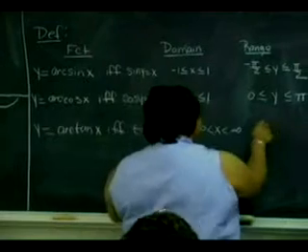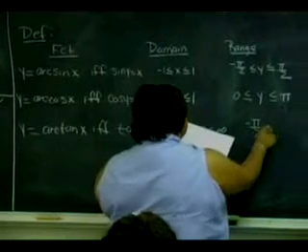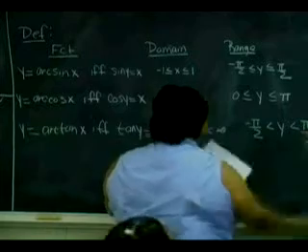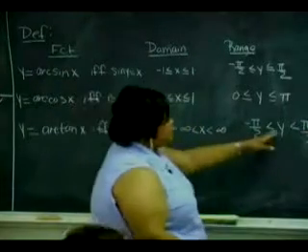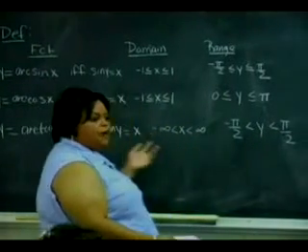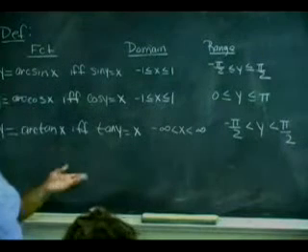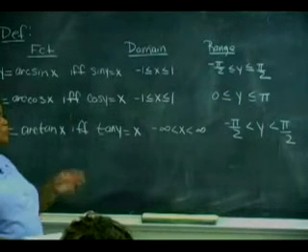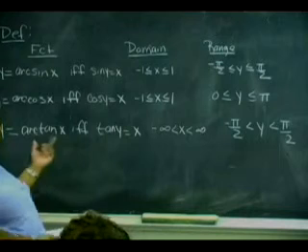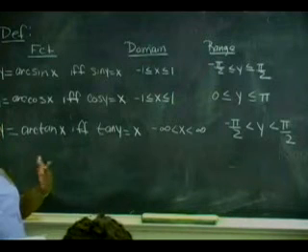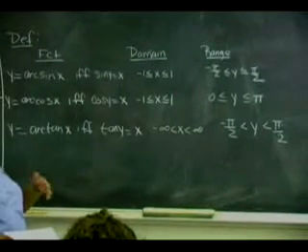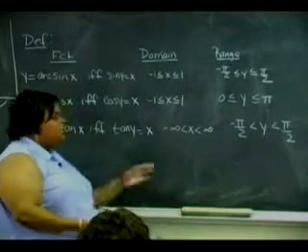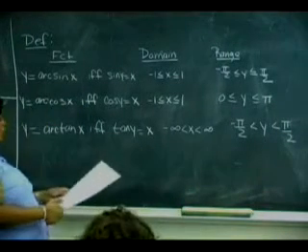And we restrict tangent on the interval from negative pi over 2 to pi over 2. Notice that these are strictly less than because negative pi over 2 and pi over 2 produce what? Vertical asymptotes, so they're not defined at those points, so they cannot be part of our range. So arctangent is defined for quadrants 1 and 4. Okay?